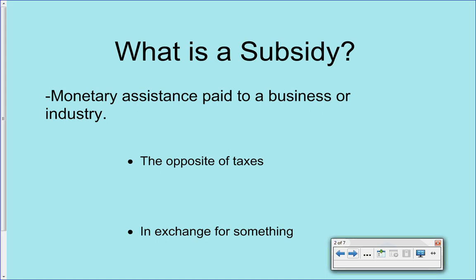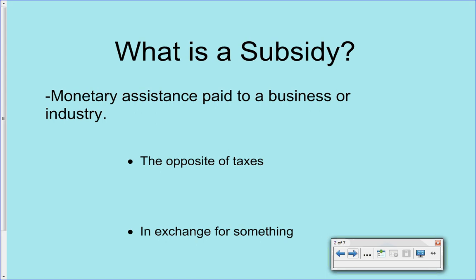In a subsidy system, the government is the one giving the money to a business or industry in exchange for something. What that something is depends on the subsidy. Sometimes the subsidy is given provided that businesses stay in the United States.